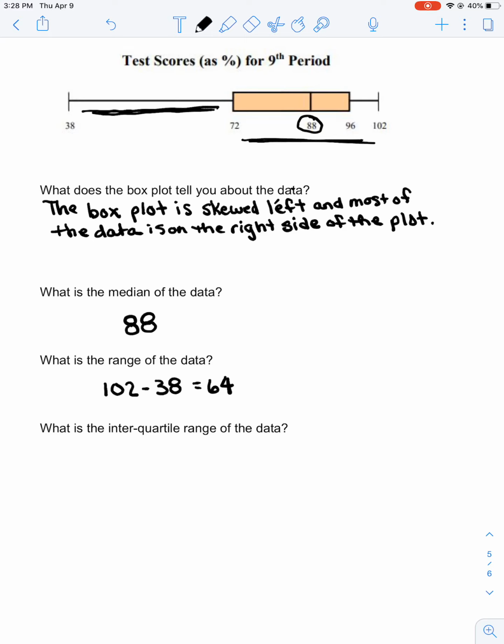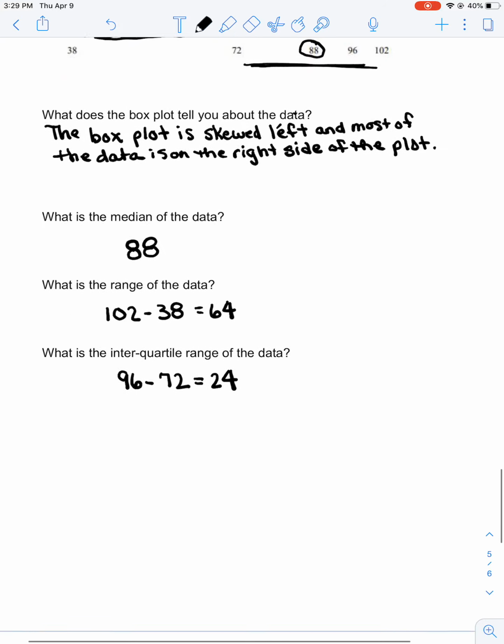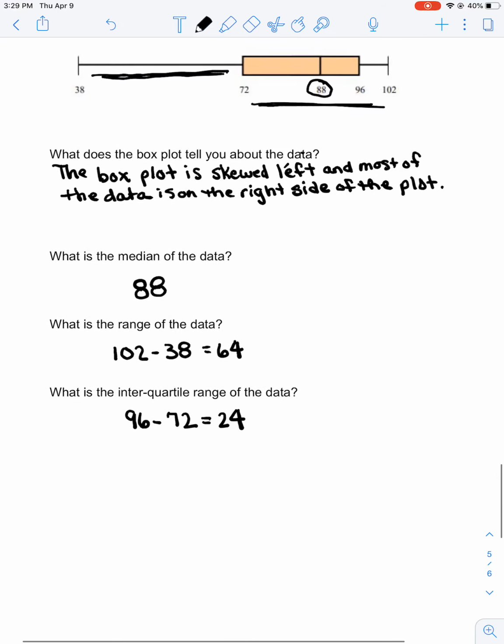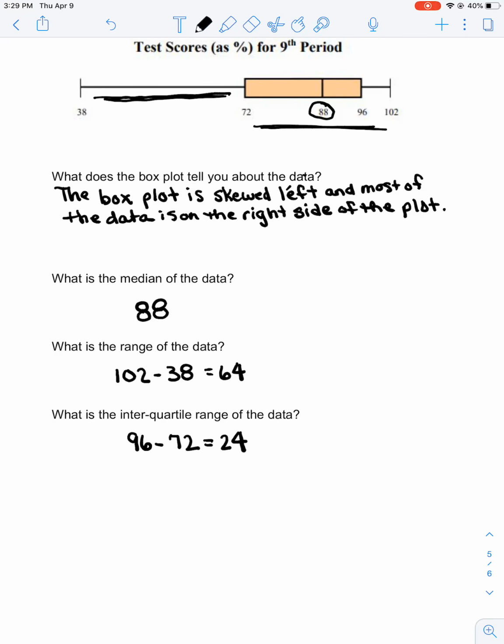And then what is the interquartile range, which is going to be the difference of 96 and 72, which in this case is going to be 24. This ends the lesson of our box plot.